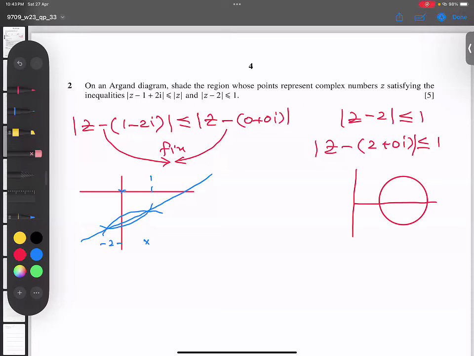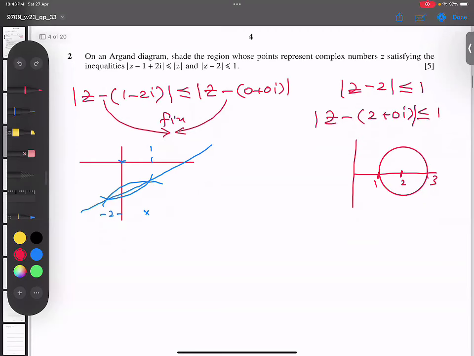This is 2. Okay, radius is 1. So if this is 1, this is 2, and this is 3, I think this is acceptable. How come? The center is at 2, 0 and this radius is 1. So this distance is 1, this distance is 1. I think this is clear.